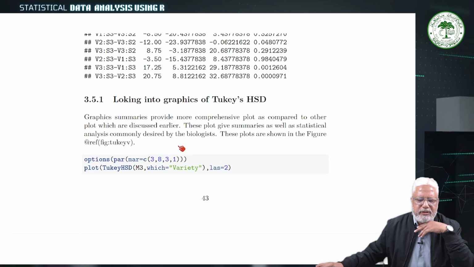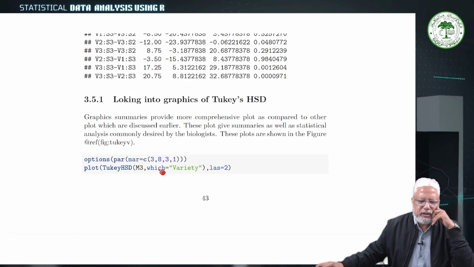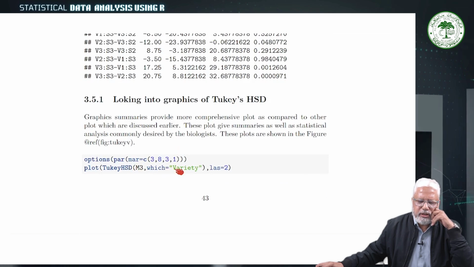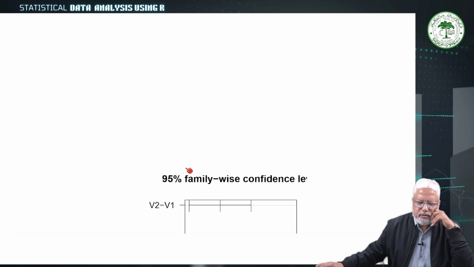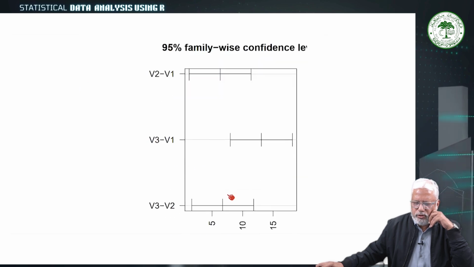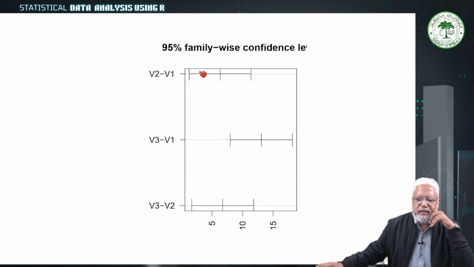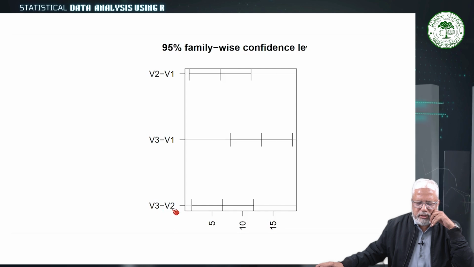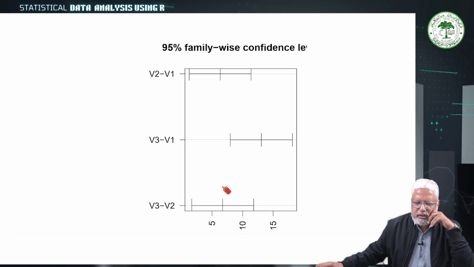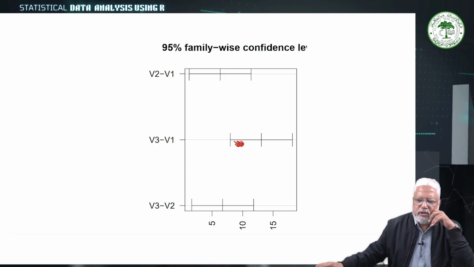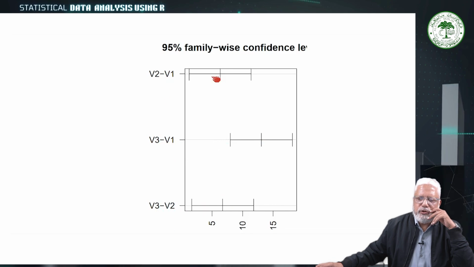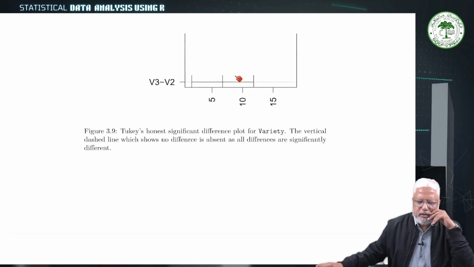And look into the graphics of TukeyHSD. So this is the graphics of TukeyHSD with variety. There is no vertical line at 0, so that means V3 minus V2 is significant, V3 versus V1 is significant, and V2 versus V1 is also significant.